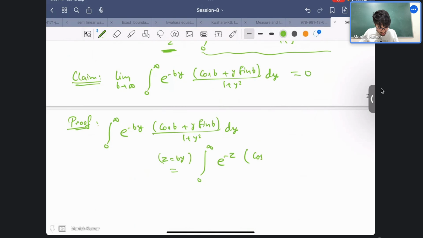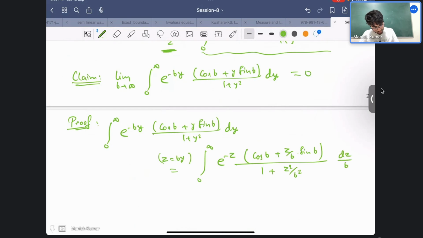Cos of b will be as it is. Instead of y I'll have z by b, and here I'll have sin b. Here 1 plus y square will be 1 plus z square by b square, and dy would be dz by b, right?